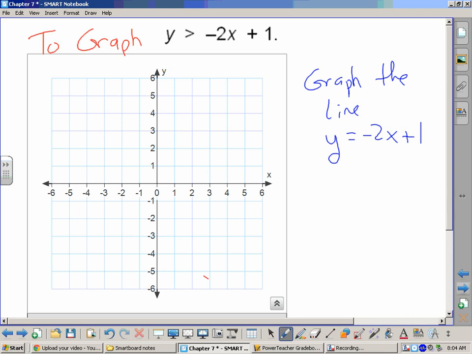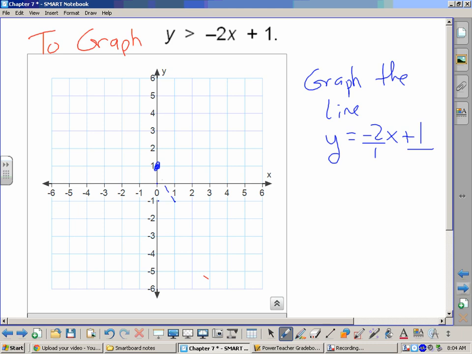Now, reviewing what we did in the last chapter, we start at 1 on the y-intercept, put a dot, and then we write the slope as negative 2 over 1. So that's going to be down 1, 2, and to the right 1. And we're going to draw a line going through that point.